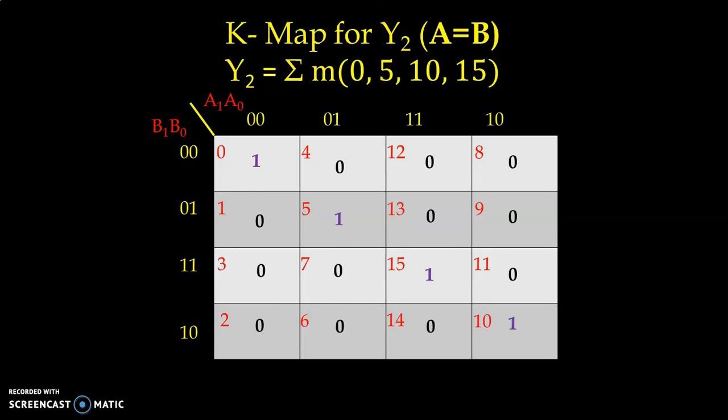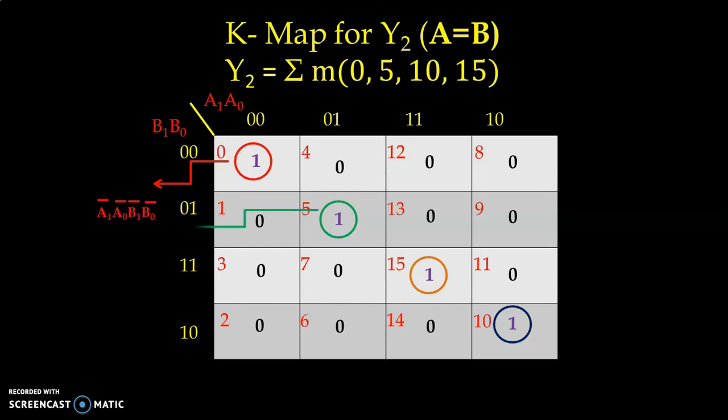Now the next step, that is to prepare the groups. But in this condition, we can see that we do not have any possibility to prepare even a pair. So we have to go for isolated groups of 1. So first group, second, third and fourth. And based on these 4 different groups, we can write product terms for each group.